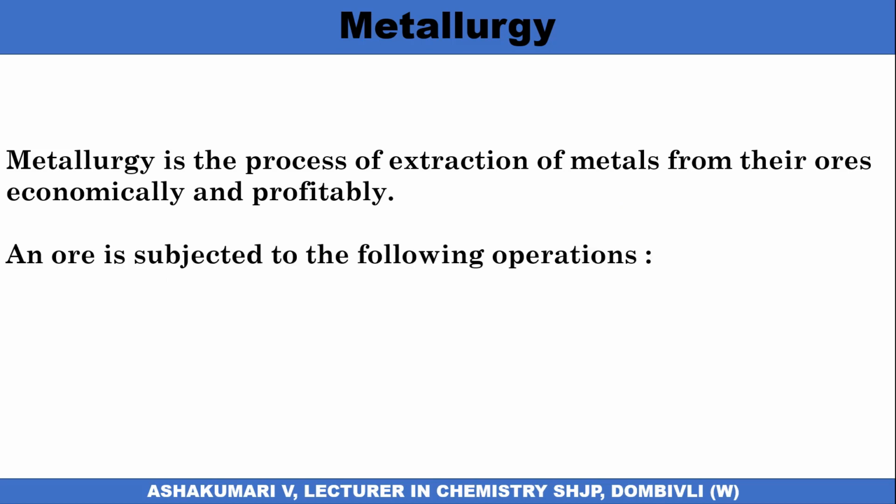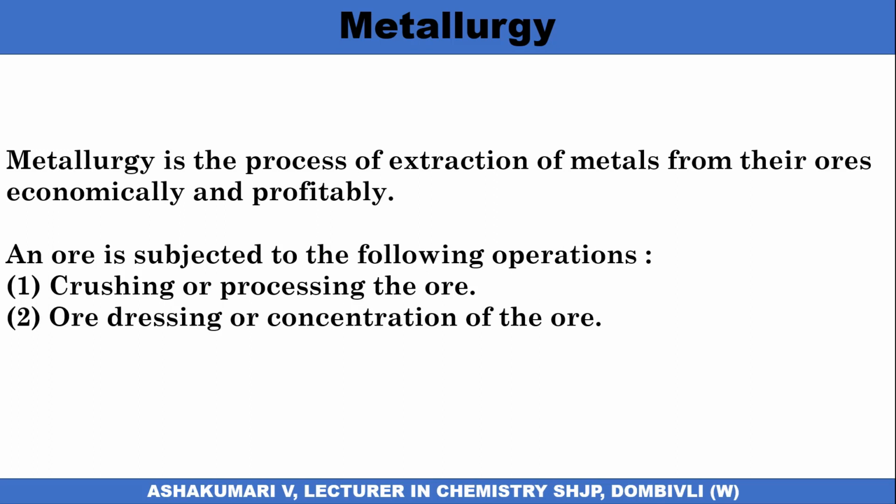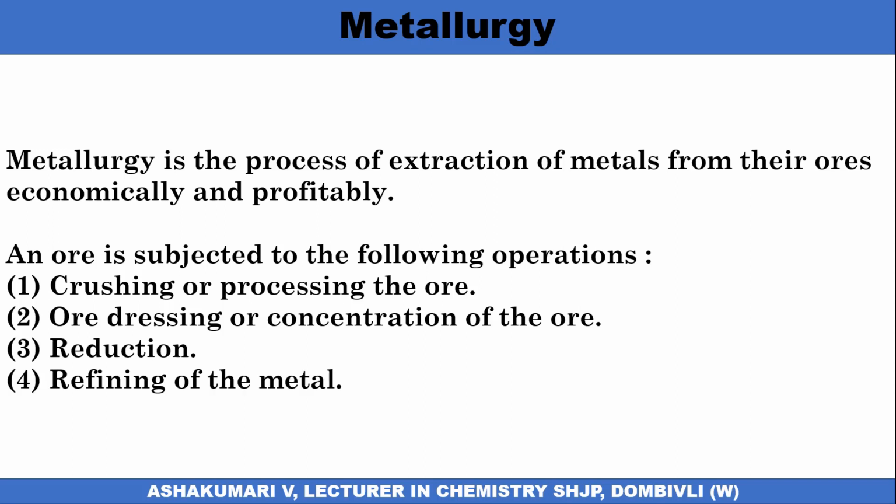There are 4 important steps in the metallurgical operations. First, crushing or processing the ore. Second, ore dressing or concentration of the ore. Third, reduction. Fourth, refining of the metal. We shall study all these steps one by one.